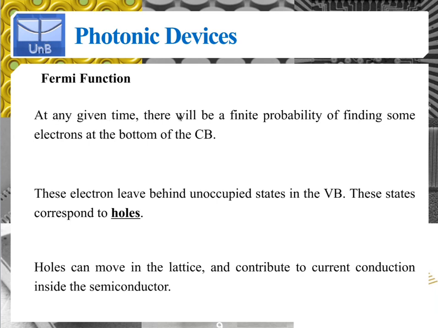So at any given time, there will be a finite probability of finding some electrons in the conduction band because they have gained energy from temperature. These electrons leave behind unoccupied states, empty states in the valence band, which are holes. What we call holes are nothing but these empty states, and holes can move in the lattice inside the solid and contribute to current conduction inside a semiconductor.